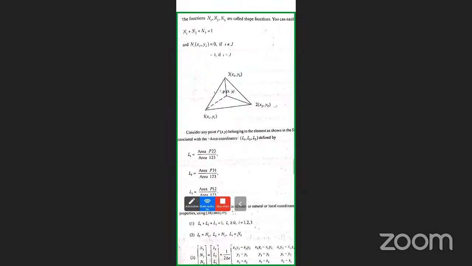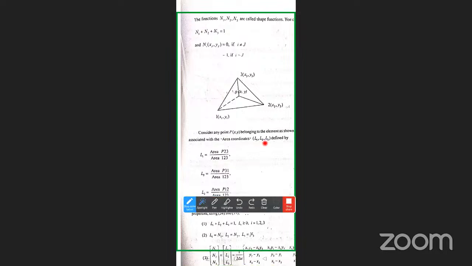Next, a diagram. Node 1, node 2, node 3. P is nothing but a midpoint, P of x comma y. Consider any point P of x comma y belonging to the element. P can be associated with the areas of the local coordinates, that is L1, L2, L3.